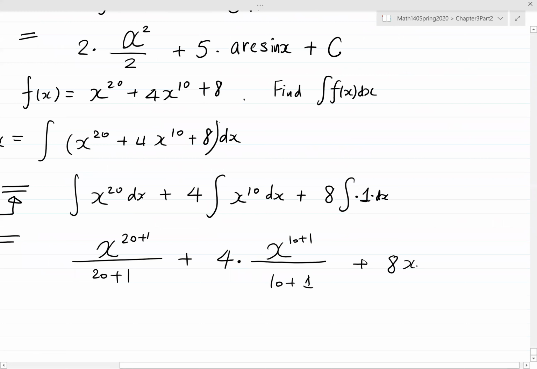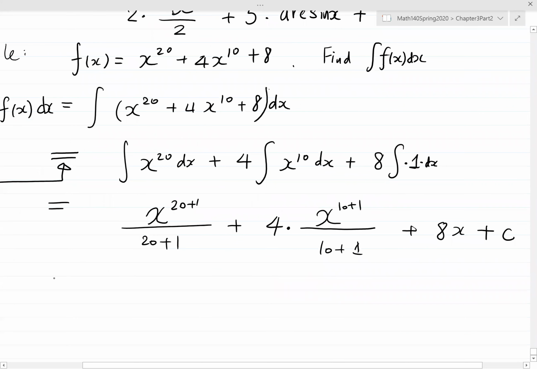Once we are done for every term, we write a constant c at the end. So this will be x to the power 21 over 21, there's no cancellation here, plus 8x plus c.